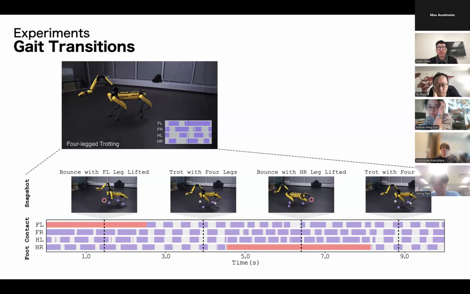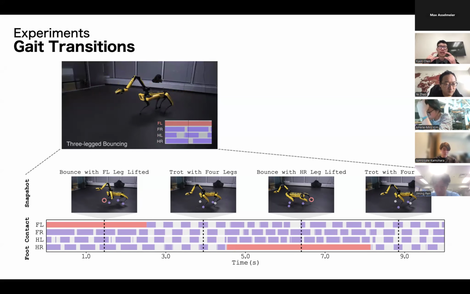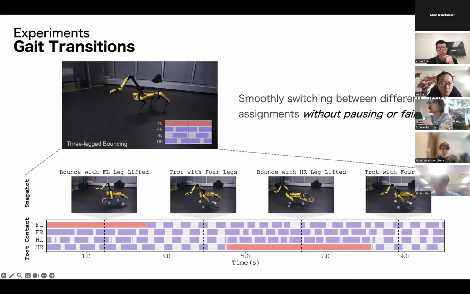Usually people manually train different RL policies, say a 3-leg policy and a 4-leg policy, and they have a state machine to switch between these policies. During a switch, they have to stop the robot and then switch to the other policy. But in our case, because we have a mask as an input to the policy, it can dynamically change the desired gait during locomotion. So you can see there's a seamless transition between the gaits. There's no pausing required, there's no failing.